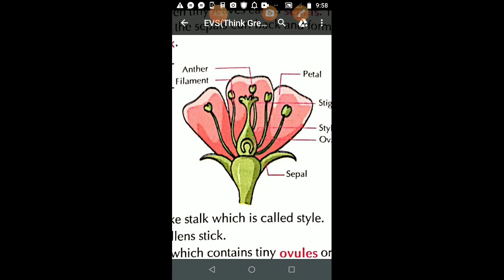It means, for example, observe this picture. This is the anther. This flower contains both the male reproductive part and the female reproductive part. So this anther will produce pollen. Is it clear? If the pollen is transferred from the anther, this is the anther part and this is the stigma.